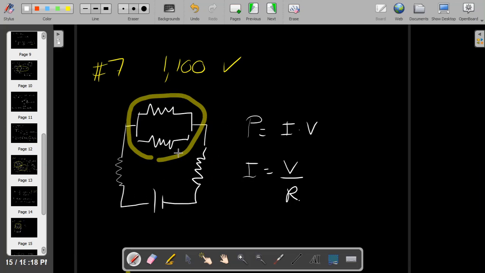The first thing we need to do is find out what kind of resistance we have here, so we can simplify these into a circuit with everything in series, with your battery. Get rid of the parallel every single time. Always get rid of the parallel first. How do we do that?